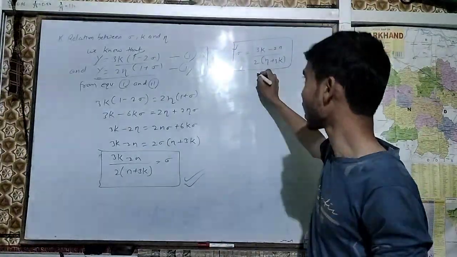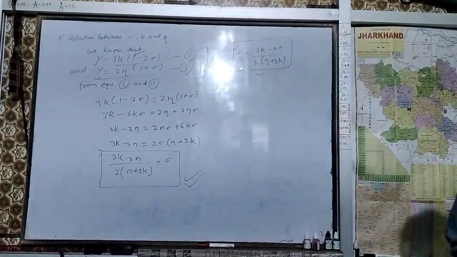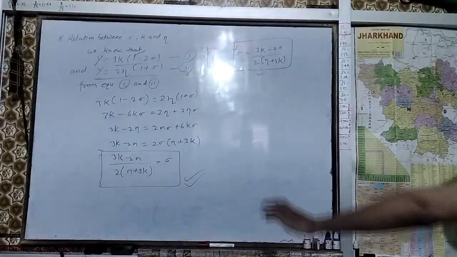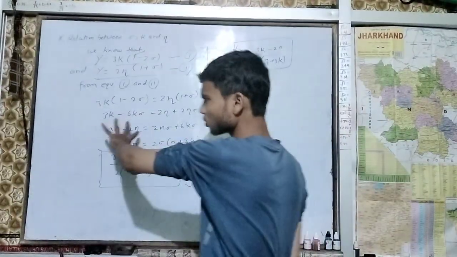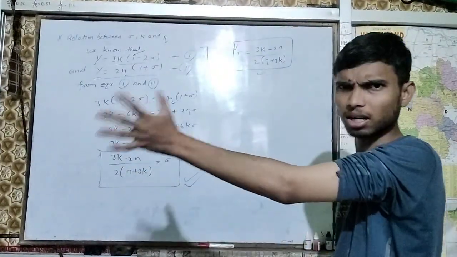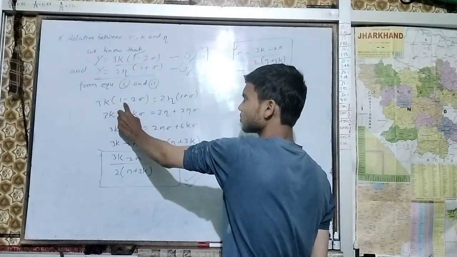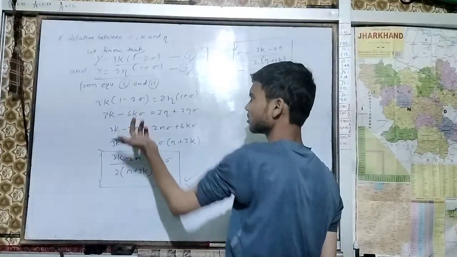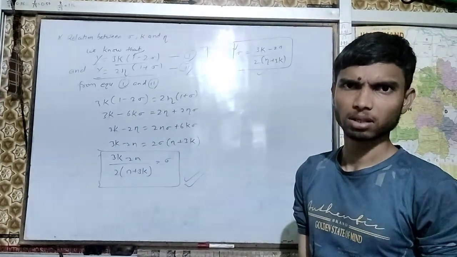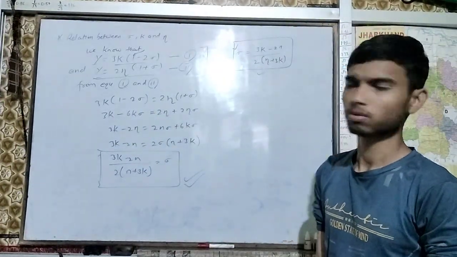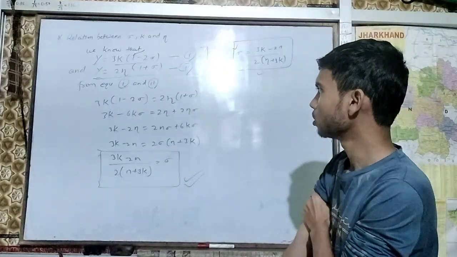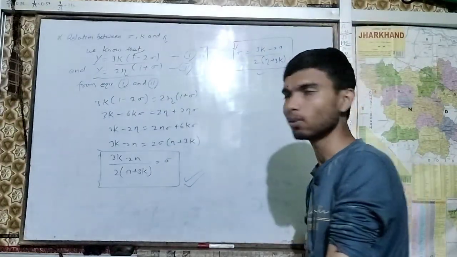Just remember, we have to come till here. Anyhow, you have to come till here. In the process, nothing was difficult. You see, we just multiply this with this and this with this. That's it. We used to do it like that from childhood, I think.